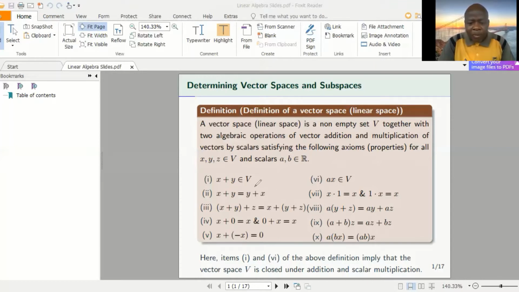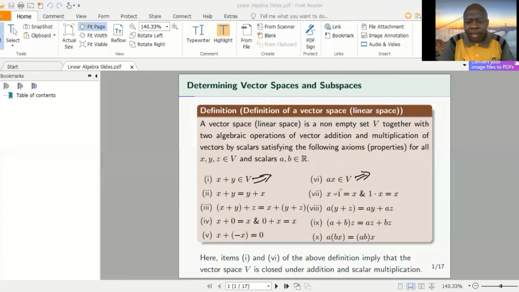Now, what I'll be showing you today is not actually to go through all the 10 properties to tell if a set is a vector space. It's enough just to use the first property and the sixth property.